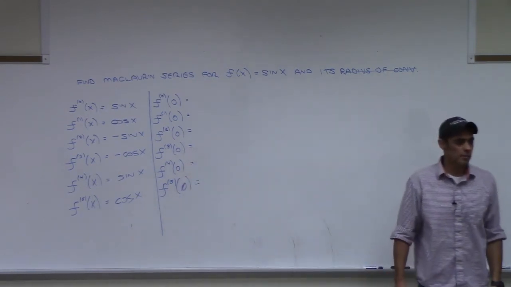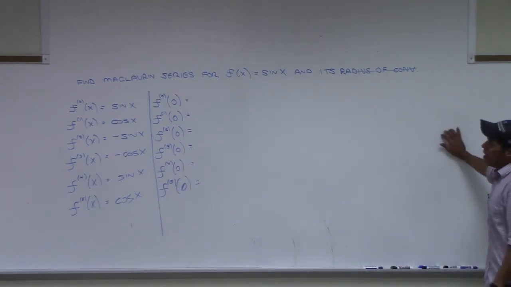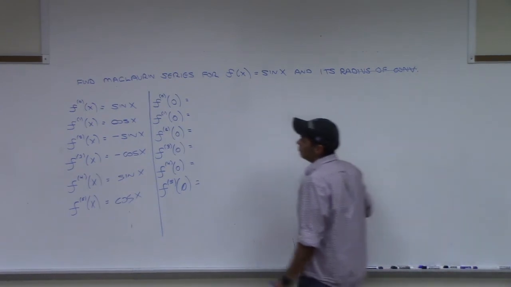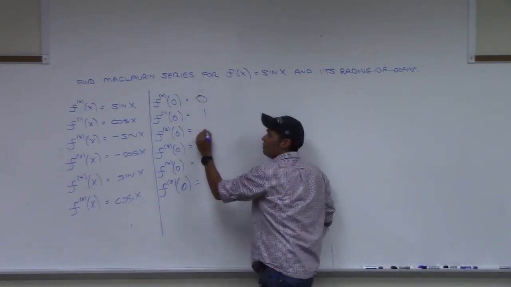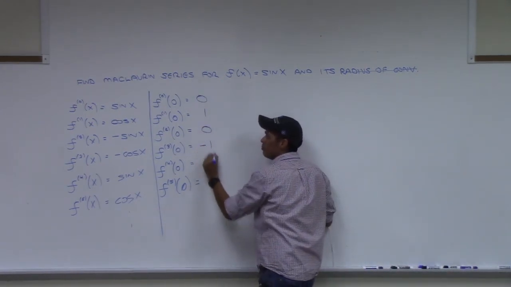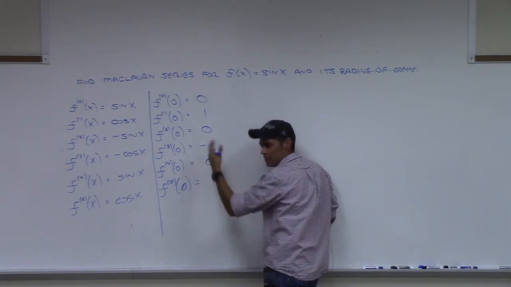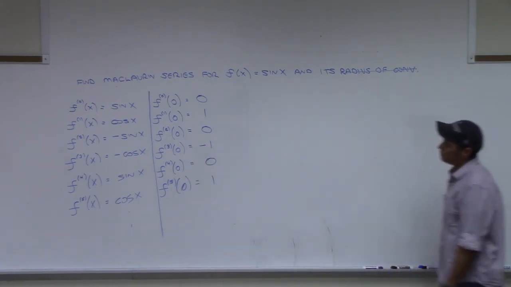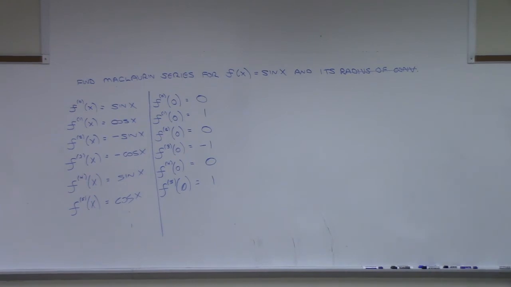Okay, here we go. What do we got? 0, 1, 0, negative 1, and then it's going to be repeating. 0, 1, 0, negative 1, 0, 1, 0, negative 1, right? Over and over and over.